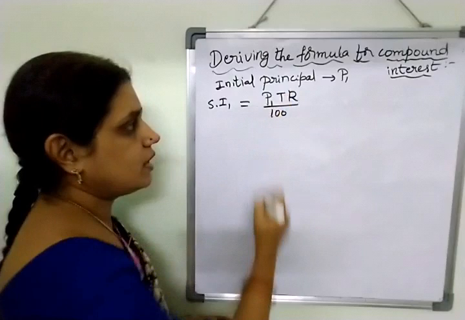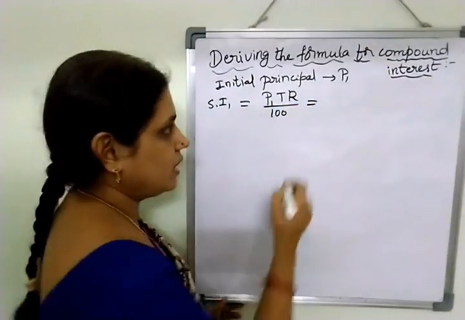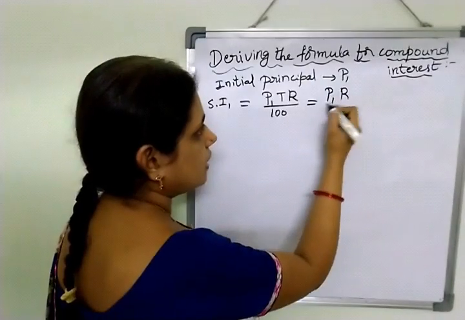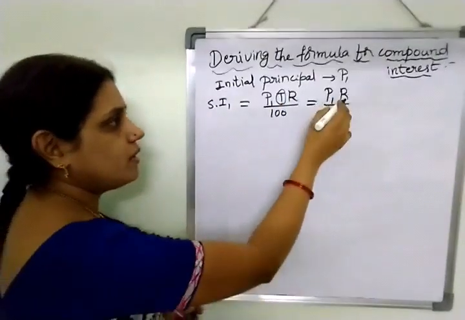Actually T is for 1 year only, so since T is 1, just we can write P1 R by 100.